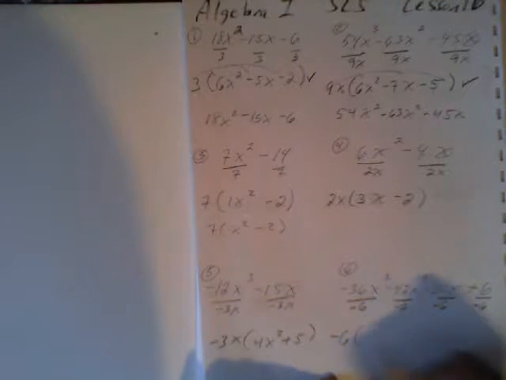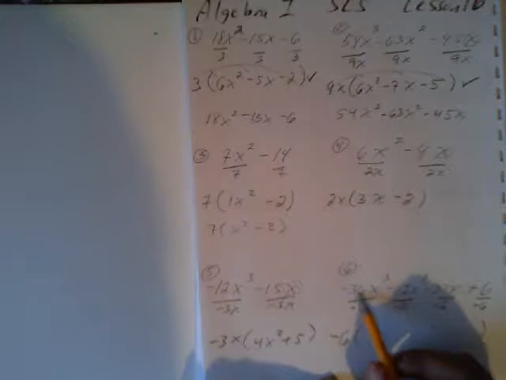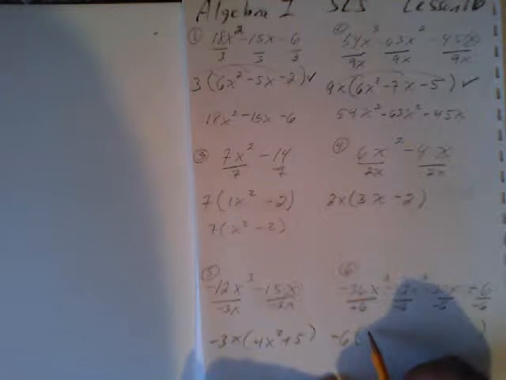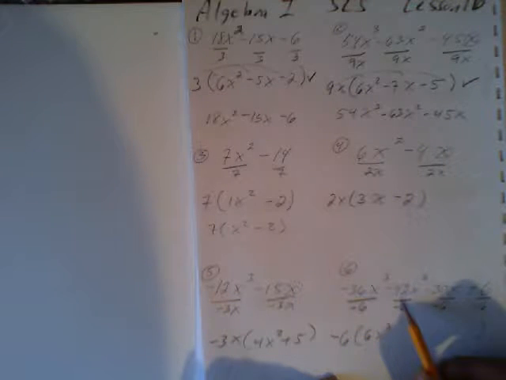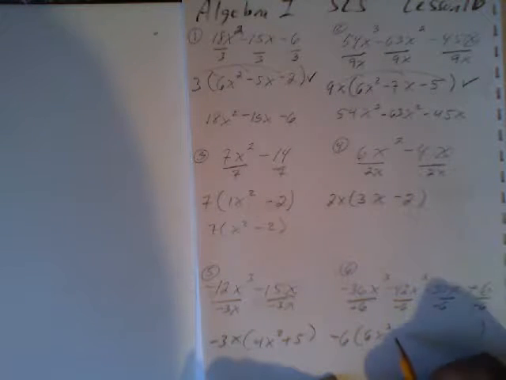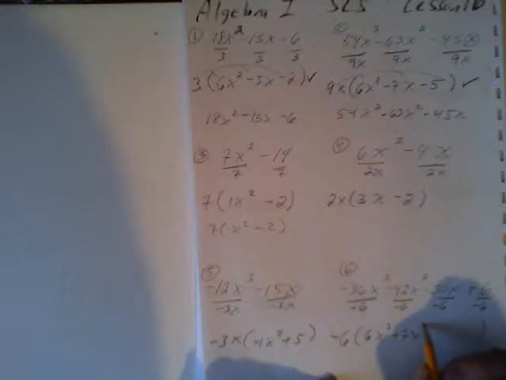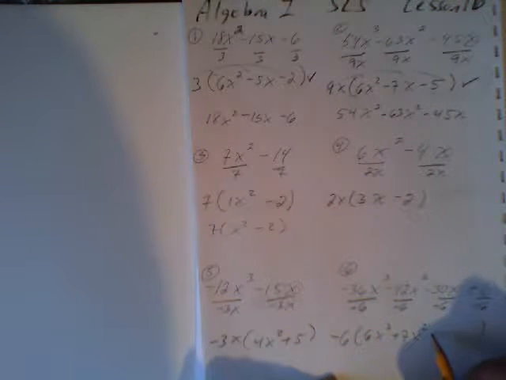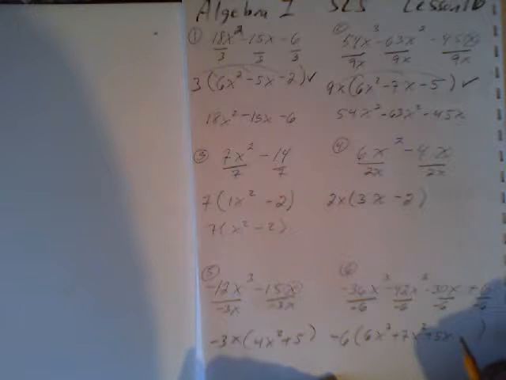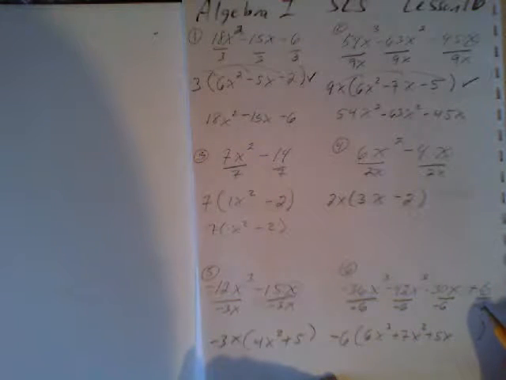So let's write negative 6 and then a parenthesis. Negative 36 divided by negative 6 gives us positive 6, x to the third power. Negative 42 divided by negative 6 gives us positive 7, x to the second power. Negative 30 divided by negative 6 gives us positive 5, x. And positive 6 divided by negative 6 gives us negative 1.